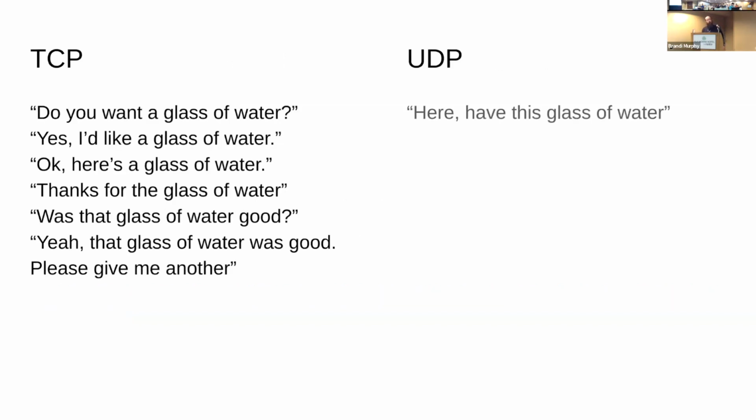So now I'd like to talk about the two most common protocols for getting application data from one point to the other, and that's TCP and UDP. TCP came first, and its primary focus was on making sure that the packet of data successfully goes from the source to the destination.